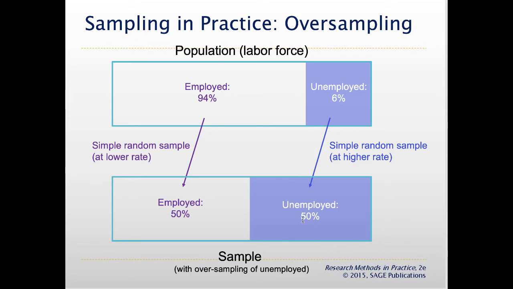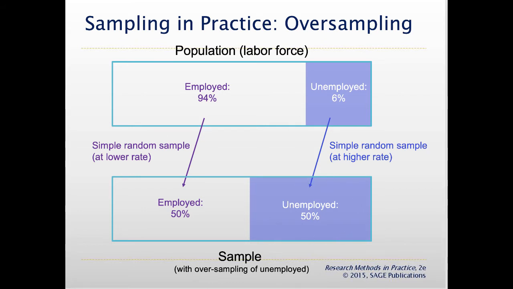But we want that without making a much larger sample where we're kind of wasting sample on the employed, because we already have plenty of precise statistics for them. So what is done in that case is, like stratified, you take a simple random sample of both, but for the employed group, the larger group, you sample at a lower rate, whereas for the unemployed group, you sample at a much higher rate.